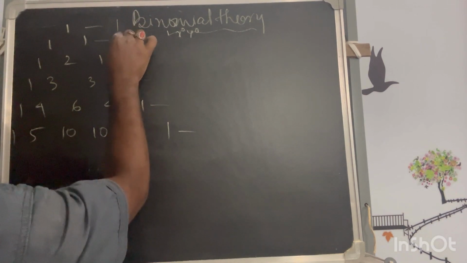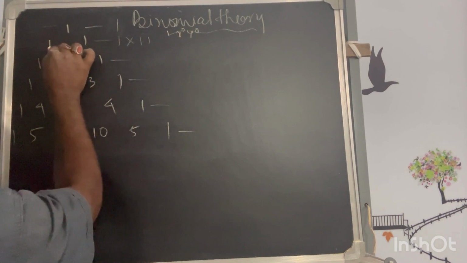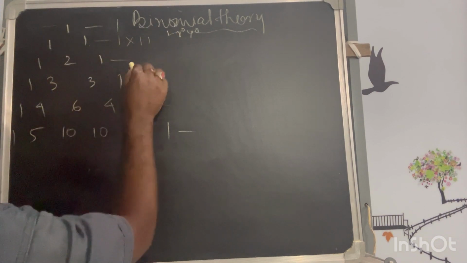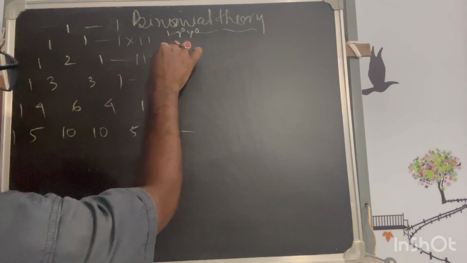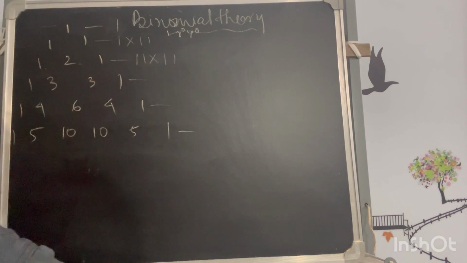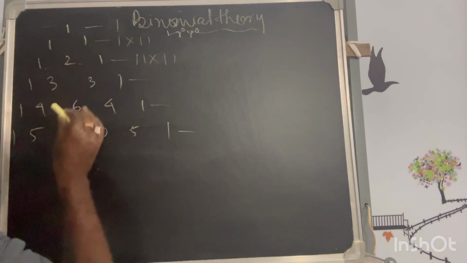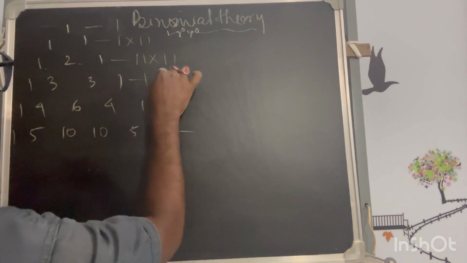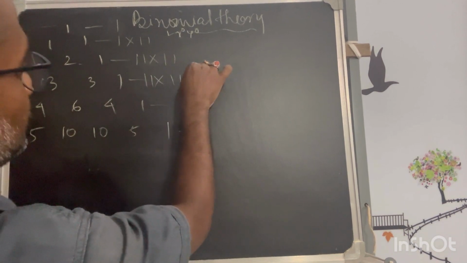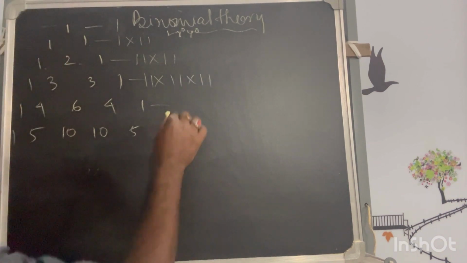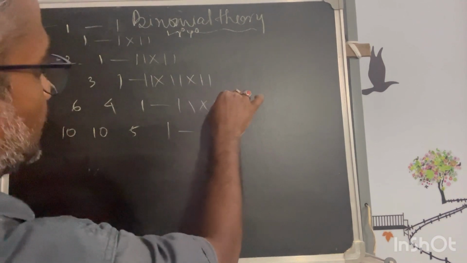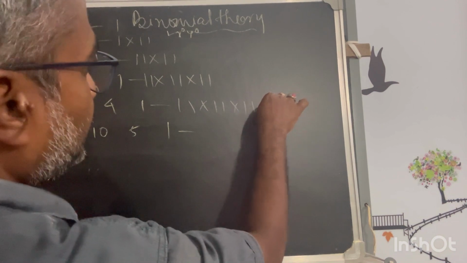The next term is 1 1, which is 11. The next row gives 11 into 11, which is 121. If I keep the digits side by side, this is 11 to the power 3. Then one more 11 is multiplied.